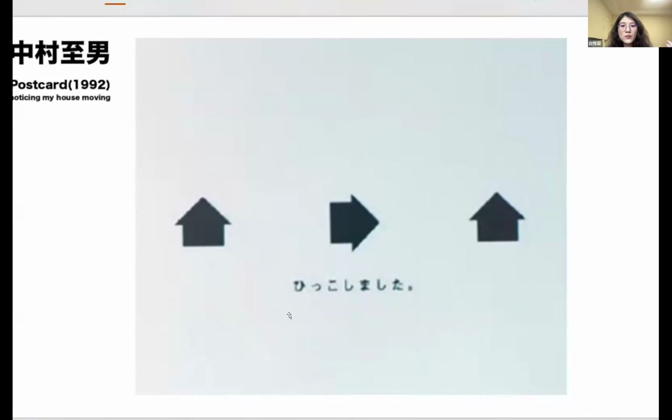You can see here it's like the house, and also a direction of the house moving. So this poster focuses on only one thing: he thinks house moving is about the location moving. This is what he wants to focus on in this poster.